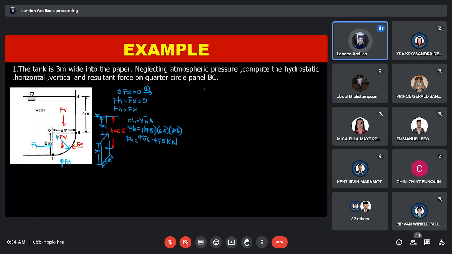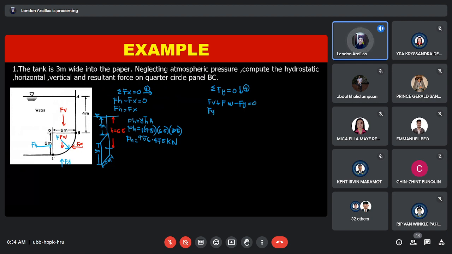Next is yung ating vertical forces. So vertical forces acting on the gate, positive 0, positive pag downwards. Yung vertical forces natin is F_y is negative. Ang ating positive is just F_V kasi pababa. Ang F_W is pababa din. And yung ating F_y is pataas.